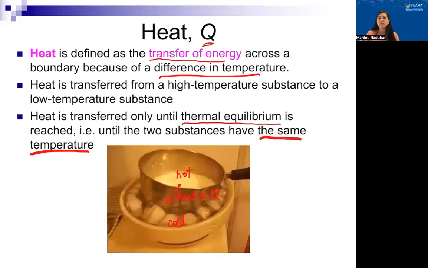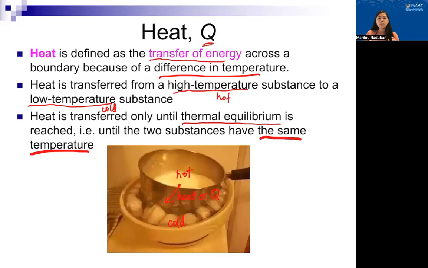So thermal equilibrium means that the objects have the same temperature, and in such a situation when the temperatures are the same, energy is not transferred, or heat is not transferred between the two objects. Right. So basically, heat is defined as the transfer of energy because of the difference in temperature, and heat is transferred from the hot object, so high temperature, to the low temperature or cold object.